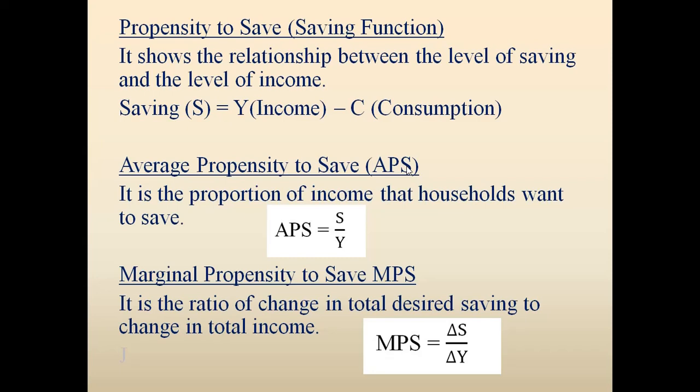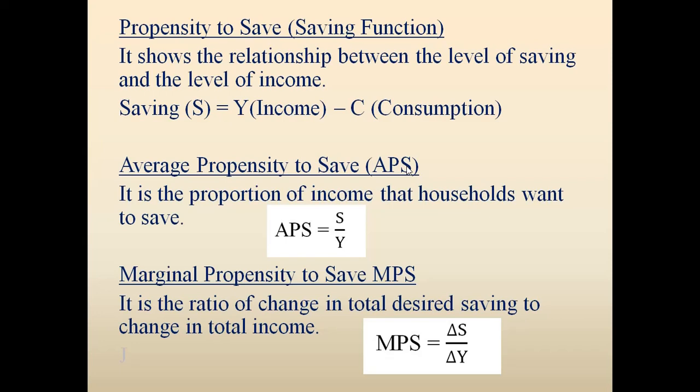For example, if your income is 1000 again, and you want to save rupees 100, or 200, or 300, that is your APS, average propensity to save. What portion of income you want to save, that is your APS.